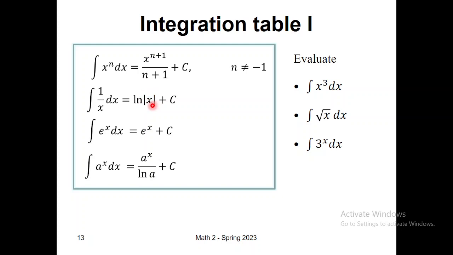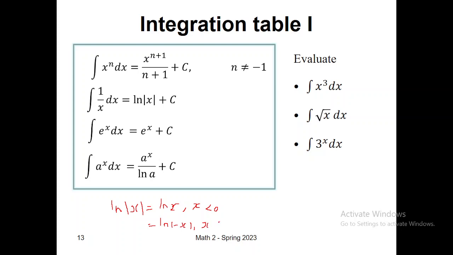And you can check that the derivative of ln modulus x equals 1 over x by writing ln modulus x as ln x when x is positive. When x is negative, then ln modulus x is equal to ln of negative x.